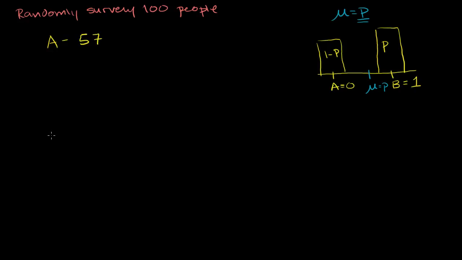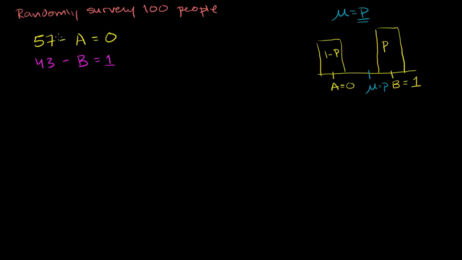Let me write it this way. 57 people say they're going to vote for A, which is equivalent to getting 57 samples of 0. And then the rest of the people, once again, very decisive population, no one is undecided, so 43 people say they're going to vote for B, which is the equivalent of sampling 43 ones.